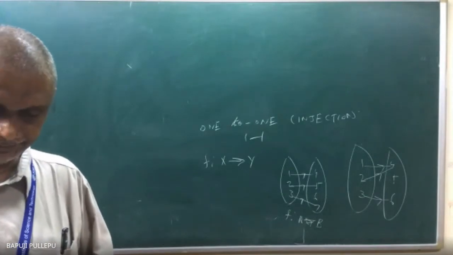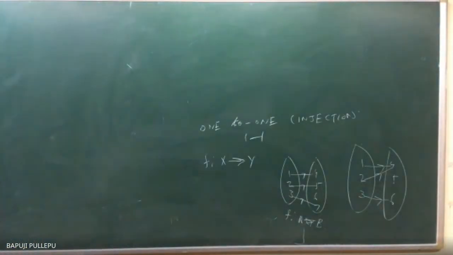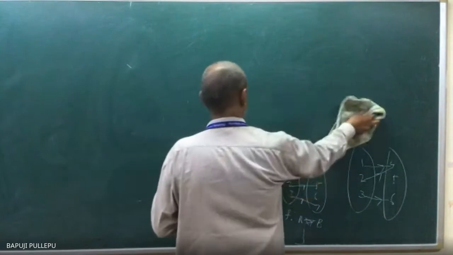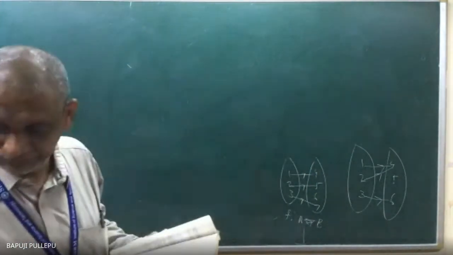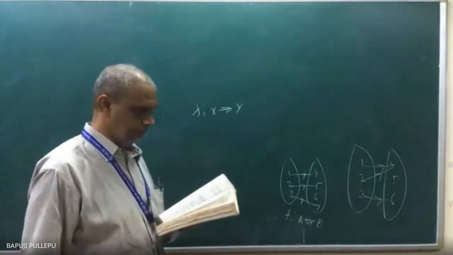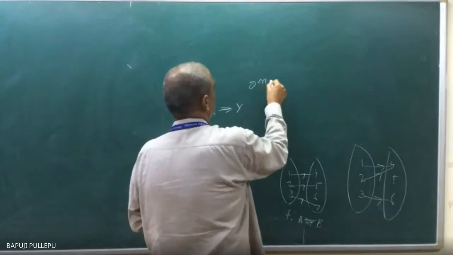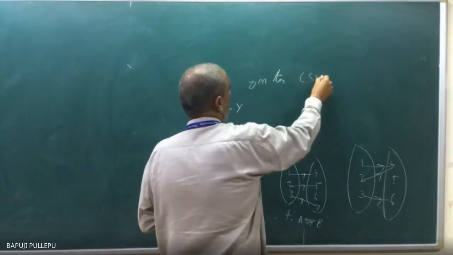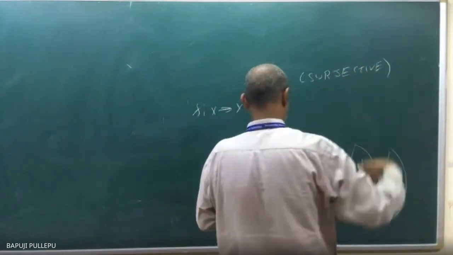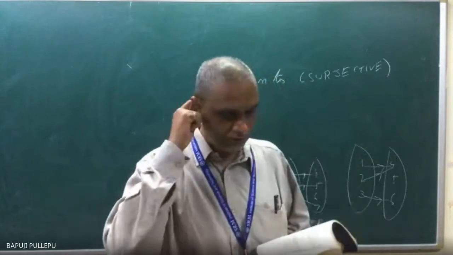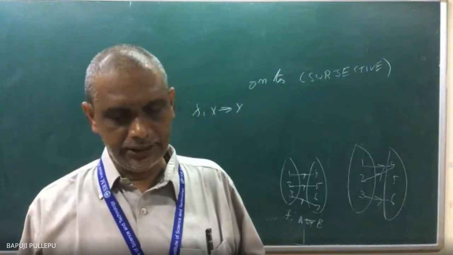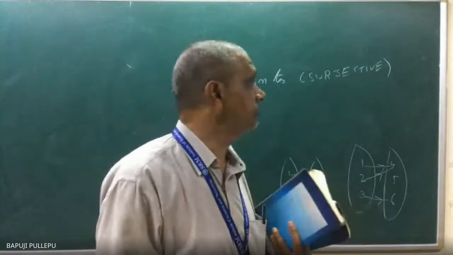Next, onto. A function f that maps X to Y is said to be onto or surjective if for every y belonging to Y, there exists at least one element x belonging to X such that f of x is equal to y.